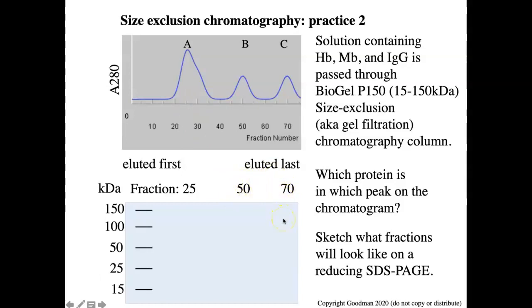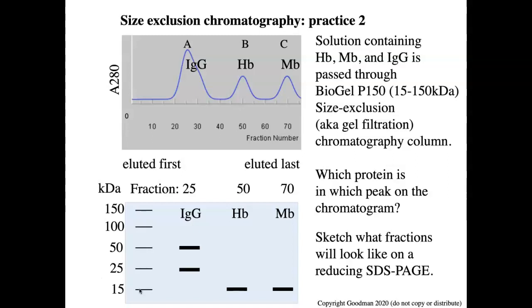See if you can sketch what that looks like or predict band sizes. All right, so here's the answer I would get. I expected fraction 25 to give 2 bands. I expect that fractions 50 and 70 will each have a single band that's fairly low, right? And so here's how I would label these.